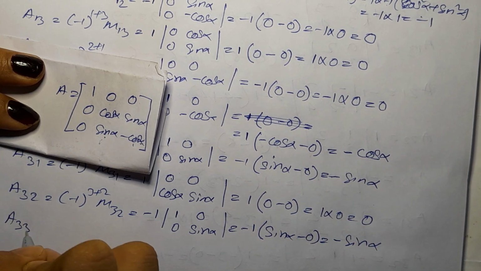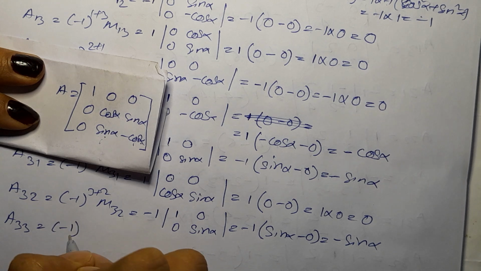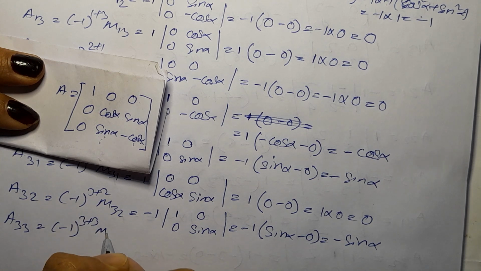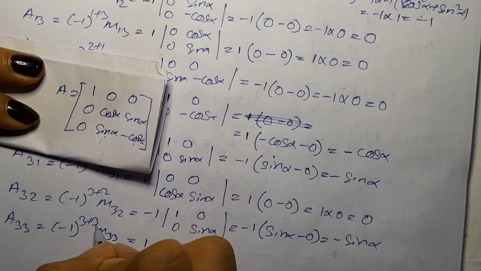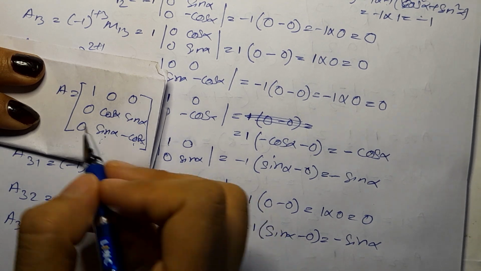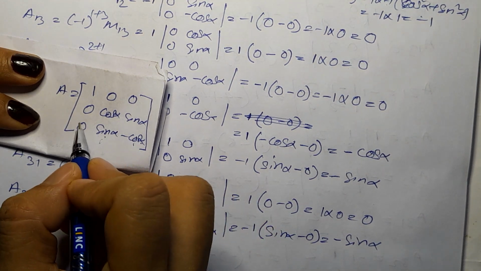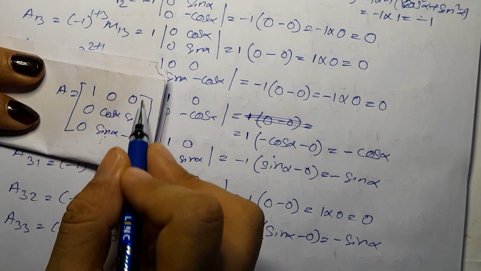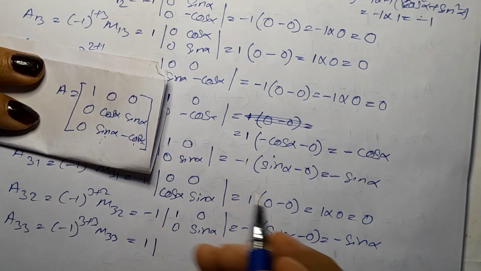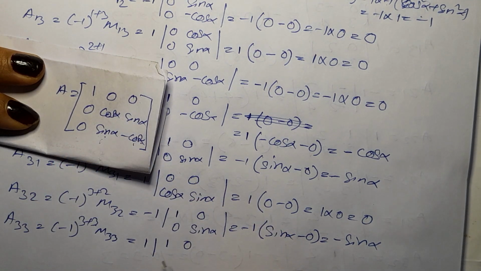A33, (-1)^(3+3) M33. So it will give positive because the power is even. Now eliminate the third row and third column: 1 0 0 cos alpha.